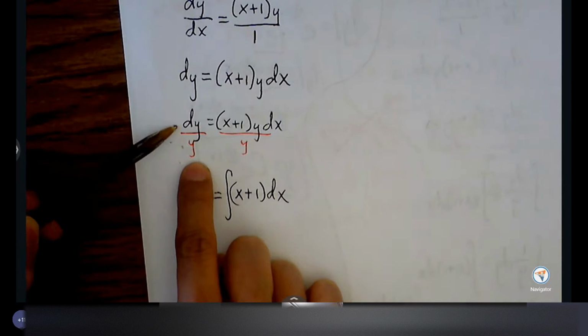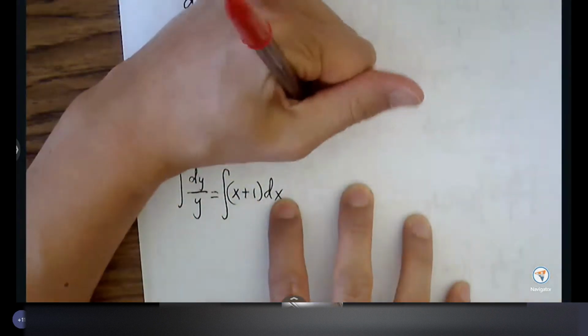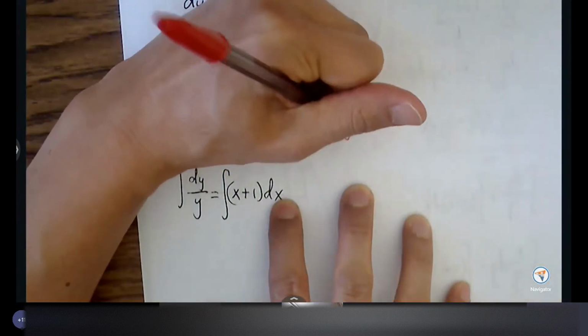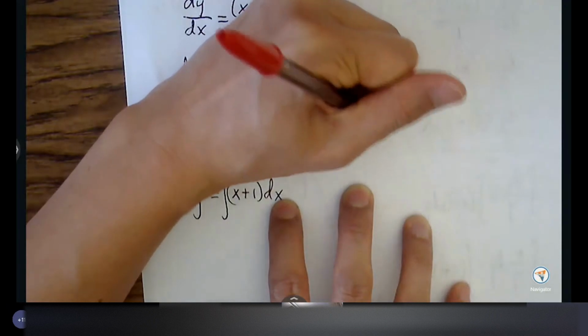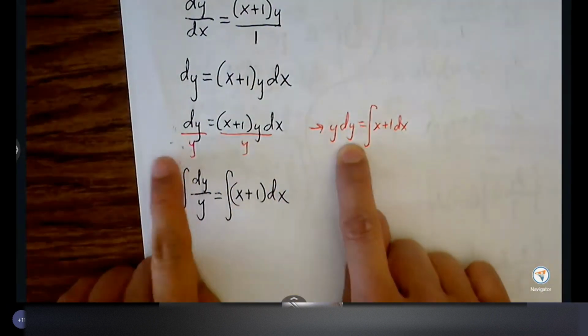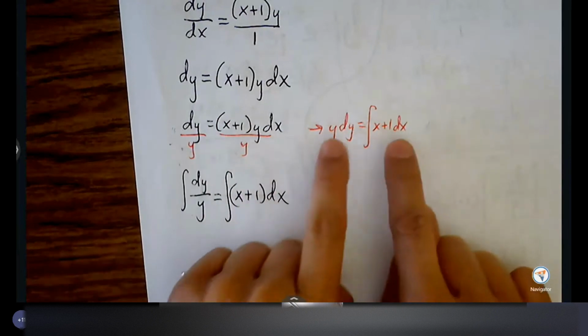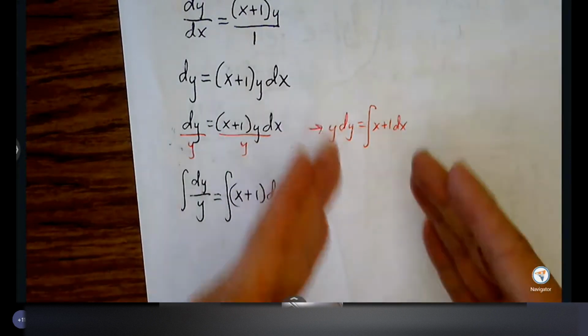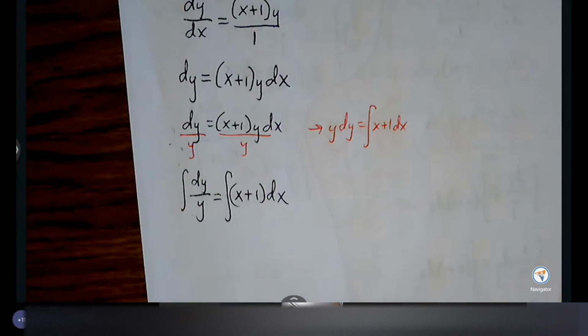So they move it up to the numerator, and then they make it y dy is equal to the integral of x plus 1 dx, which can be the case for certain problems, but not for this problem. And the issue is, if you're starting at the wrong spot, then everything else is going to be messed up. It's not going to match with what we're looking for at the end.